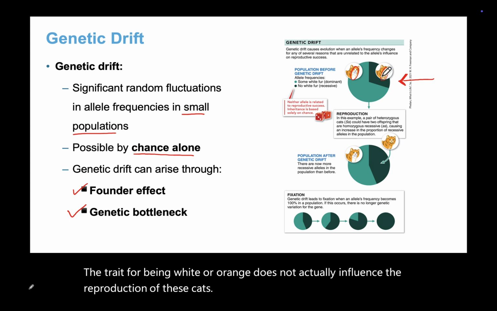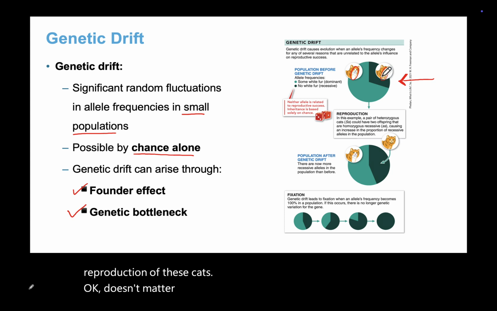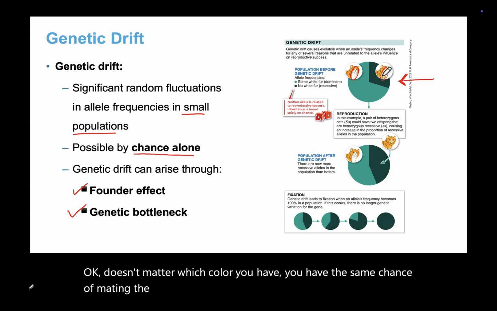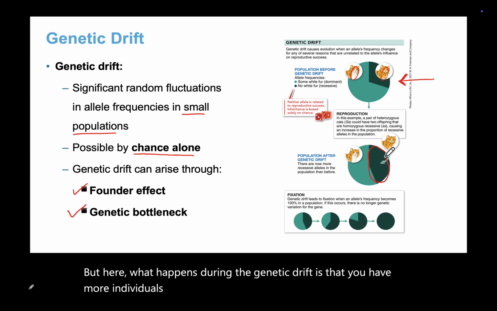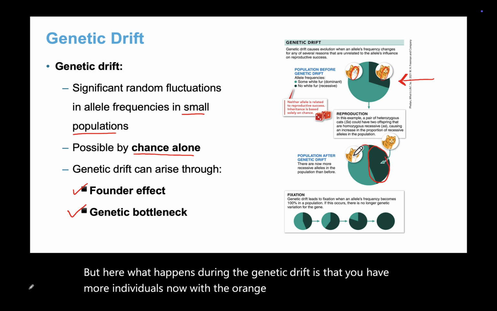Okay? It doesn't matter which color you have, the same chance of mating, the same chance of finding a reproductive partner in that population. But here, what happens during genetic drift is that you have more individuals now with the orange color and fewer individuals with the white color.